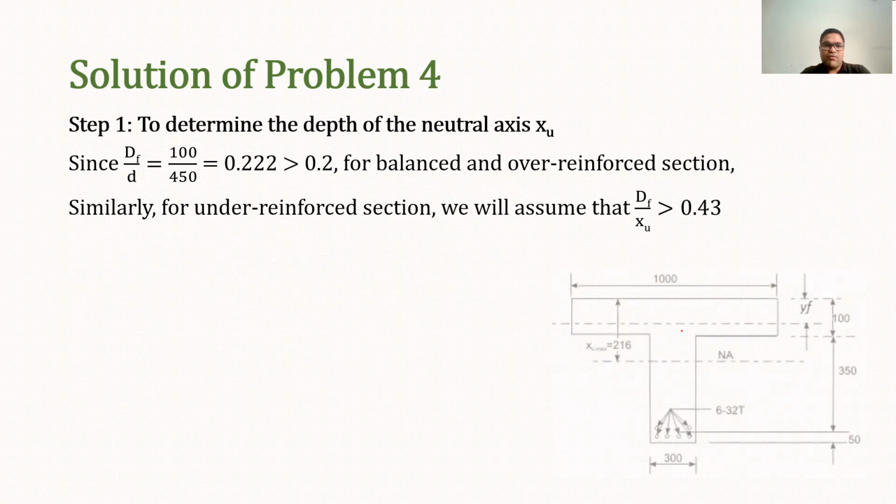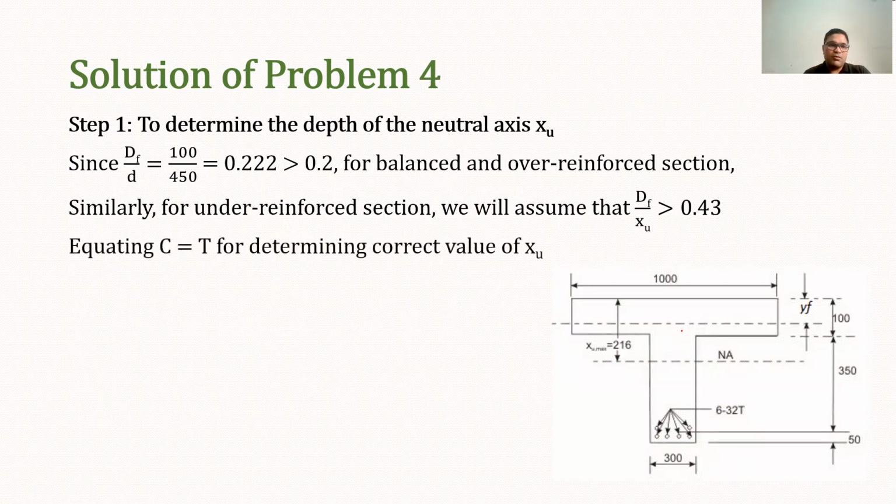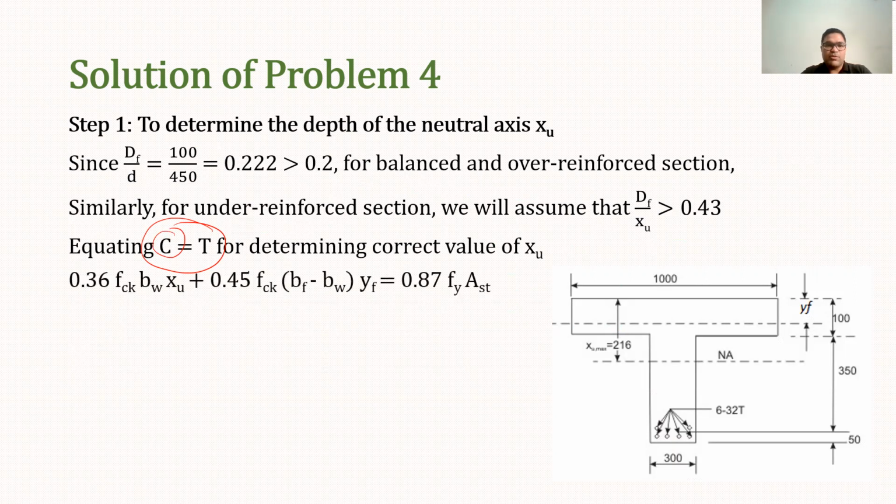The correct value of XU will be calculated by equating C and T. This time C will take the contribution of the flange part also. The same formula will be used here, which is 0.36 FCK BW into XU.